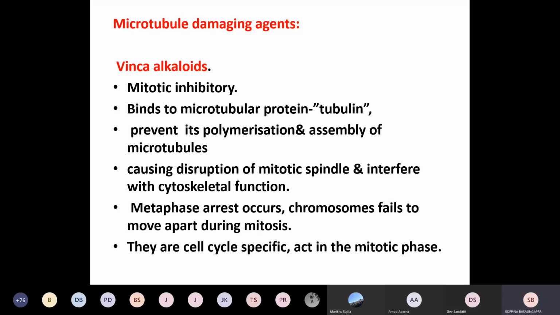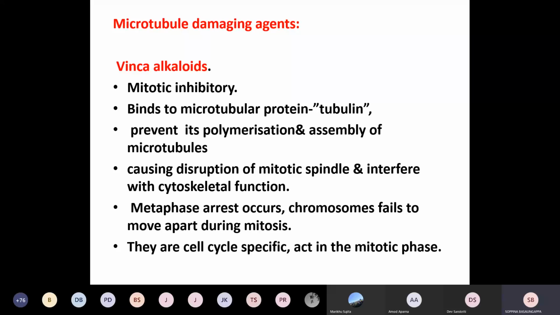Microtubule damaging agents: vincristine and vinblastine, the vinca alkaloids. They are mitotic inhibitors, that means they act at the mitotic stage. They block mitosis. How? They bind to the microtubular protein called tubulin, prevent its polymerization and assembly of microtubules, causing disruption of the mitotic spindle and interfering with cytoskeletal function.